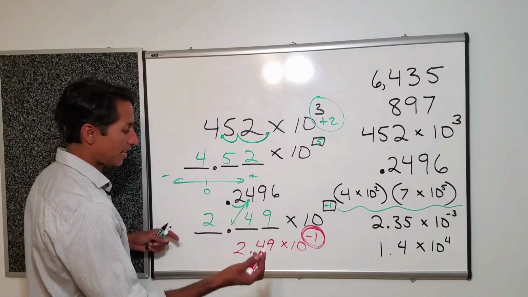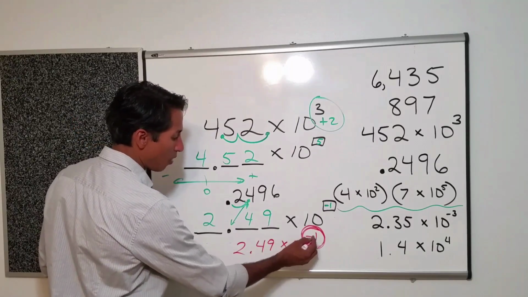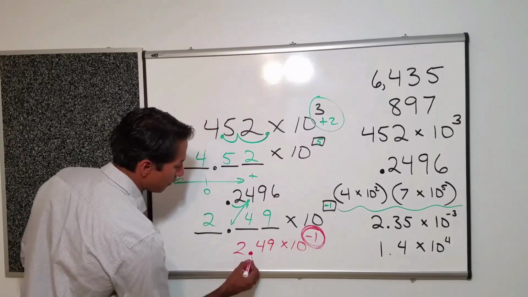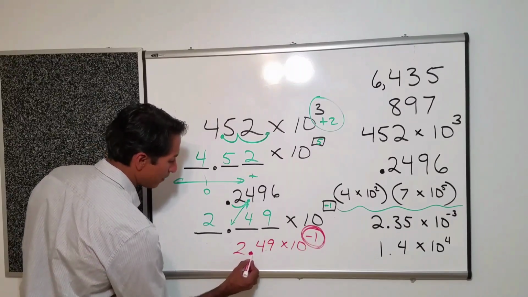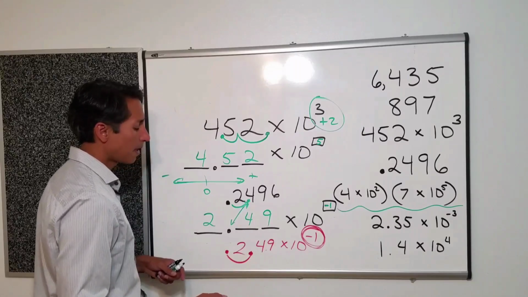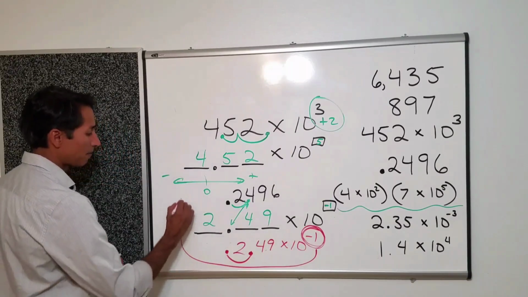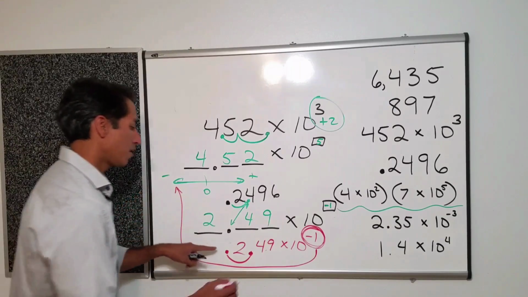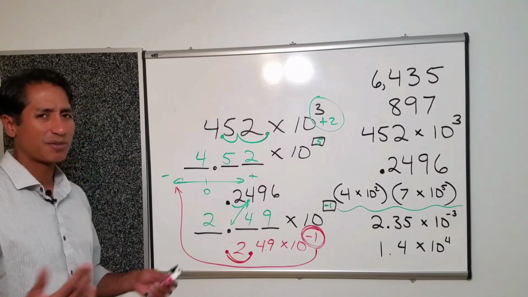So to write it in standard format as just a number, I would have to move it 1 space, but if I have to move it this way, positive, I'm just going to make the number 24, and that's not right. I have to be able to move it this way to make it 0.249. And so this negative sign, if it helps you, think of it this way. You're going in the negative direction, so you're going to be moving it this direction. It's a really weird concept.